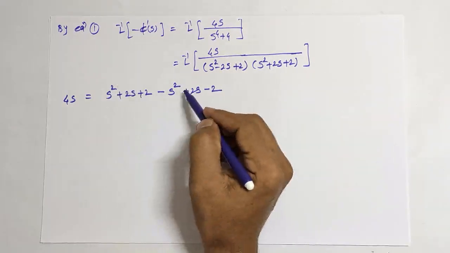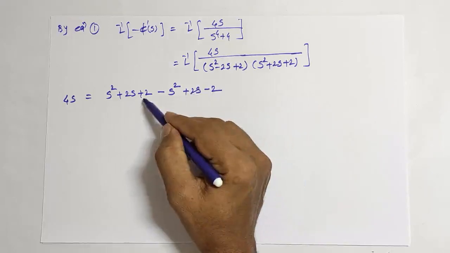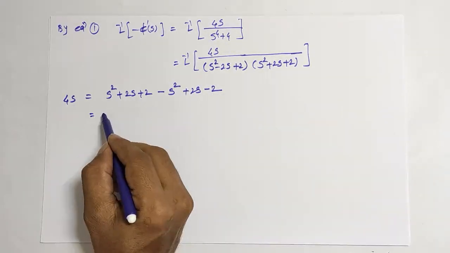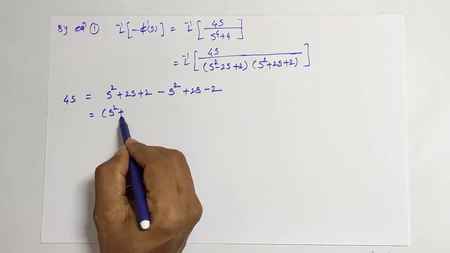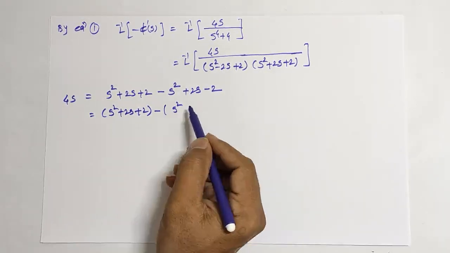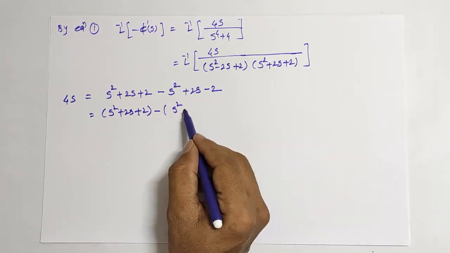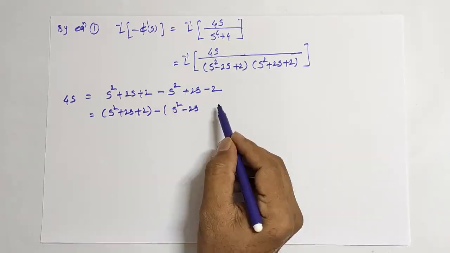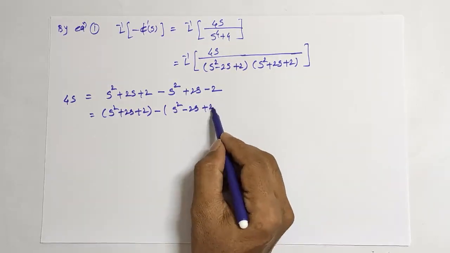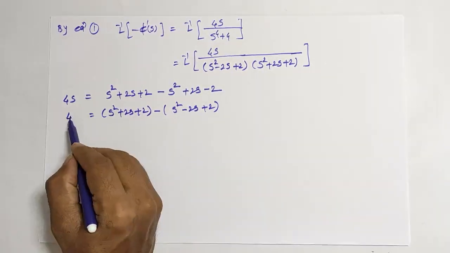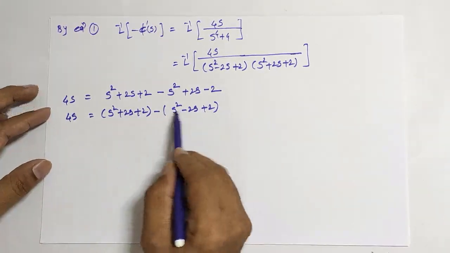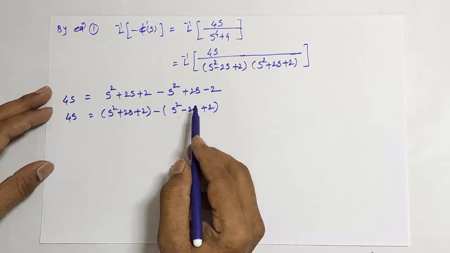Plus s square cancels with this minus s square and plus 2 cancels with this minus 2. So जो 4s न्यूमरेटर जो है उसको हम ऐसा लिख सकते हैं, right? We can write it like this.